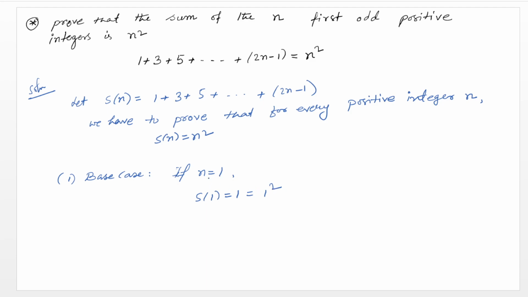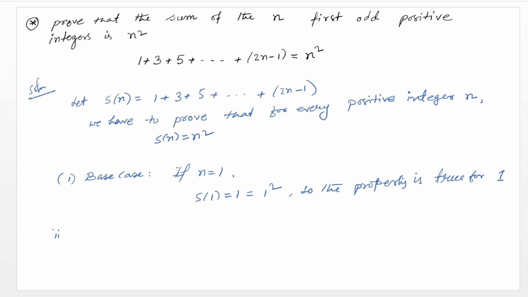So it is true for the base case. n equal to 1 is the base case, so the property is true for n equal to 1.